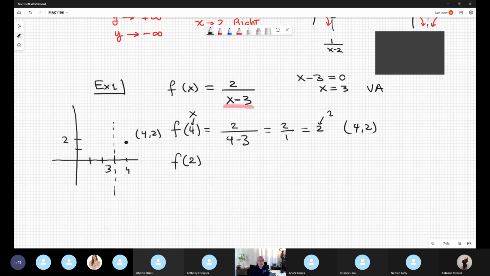Now I want to investigate a little bit before 3, get 2, maybe, or 1 or 0. It doesn't matter, it's totally arbitrary. 2 over 2 minus 3, which is negative 1, so it is negative 2. And the point is the point 2, negative 2. I plot the point. This is 3, this is 2. Negative 2, negative 1, negative 2. This is this one. So I believe, using my common sense and imagination, the curve looks like that.